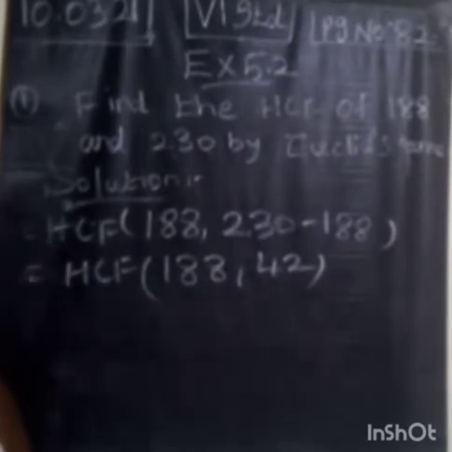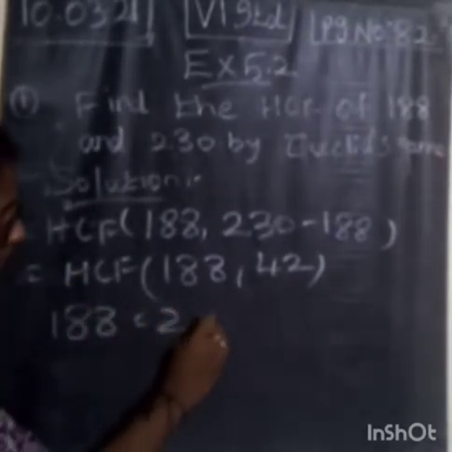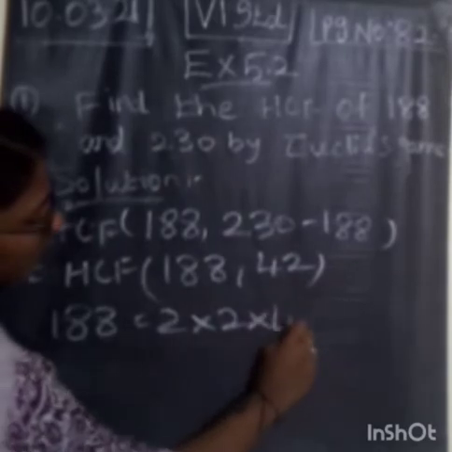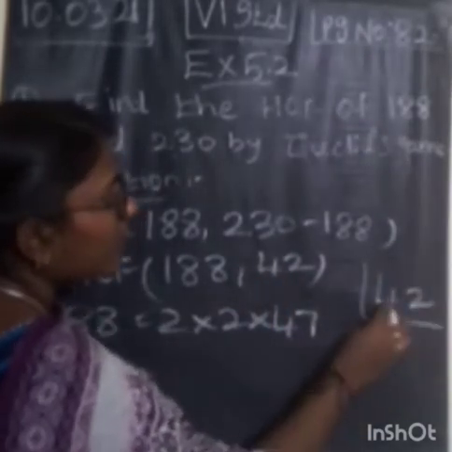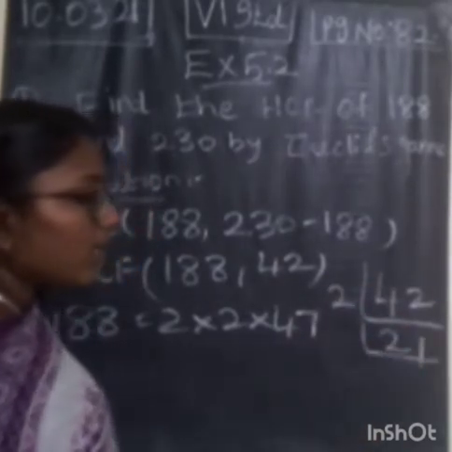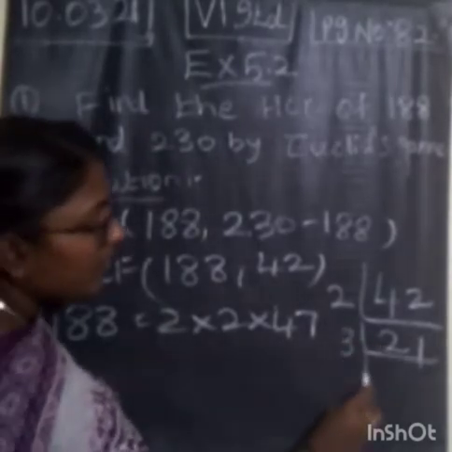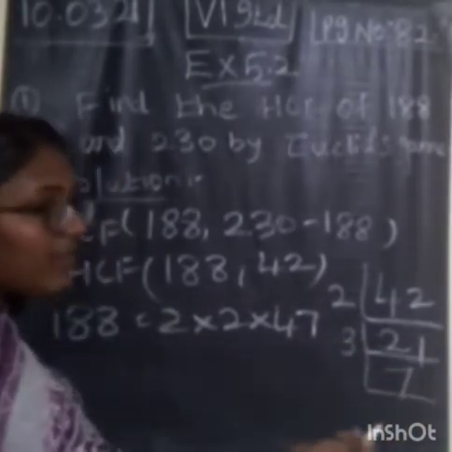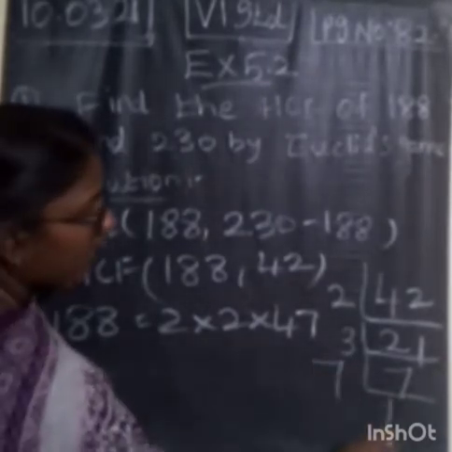We already found the prime factorization of 188: 2 into 47. Now 42 is an even number, so it is divisible by 2, giving 21. 21 is divisible by 3, giving 7. 7 is a prime number, divisible by itself, so we get 1.